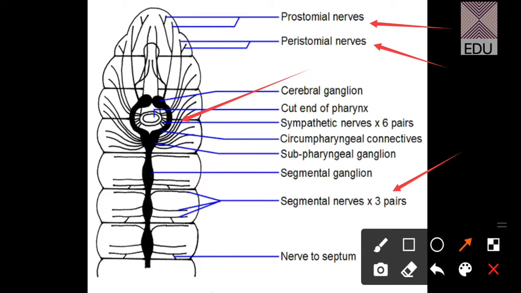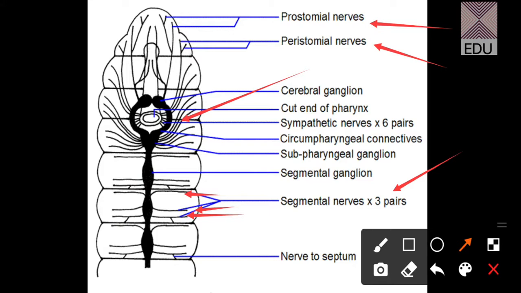Each segmental ganglion is giving off 3 pairs of the lateral nerves. One of the pair is on the front side, and 2 are given off posteriorly into that particular segment. So the total becomes 3 pairs of nerves.